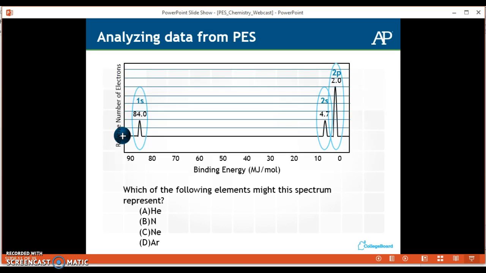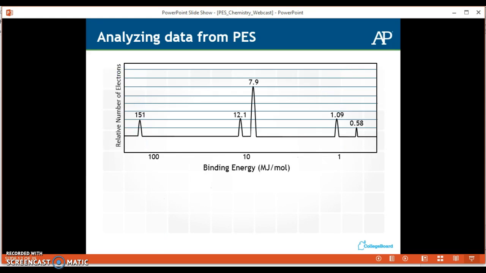By analyzing the position and height of the peaks, we can make a prediction about what element we have here. Since the height of the 2p electron peak is 6, whereas the height of the 2s electron peak is 2, we can predict that this is most likely neon with an electron arrangement of 1s2, 2s2, 2p6.